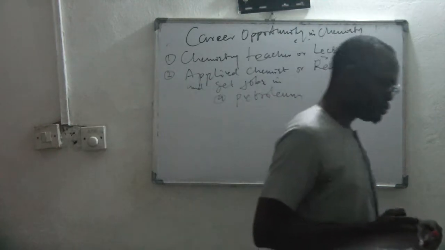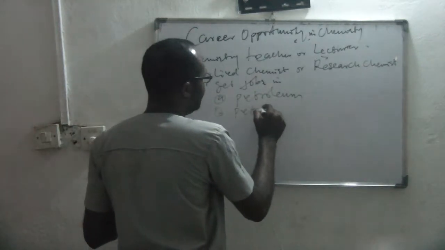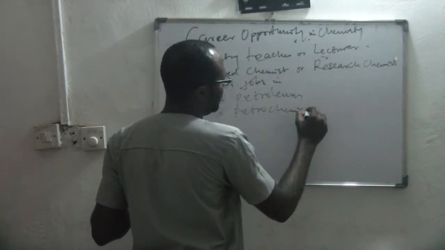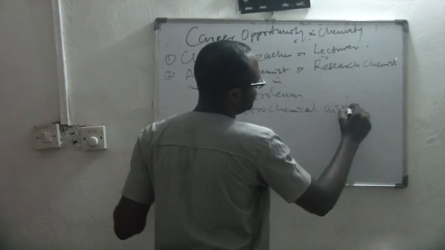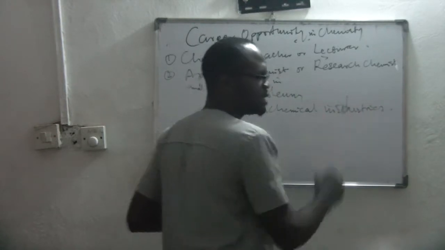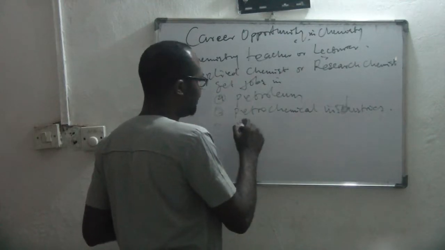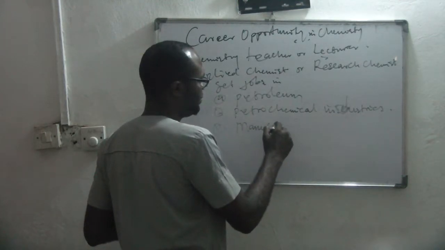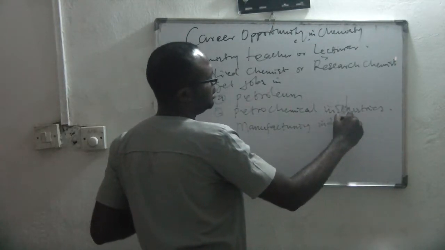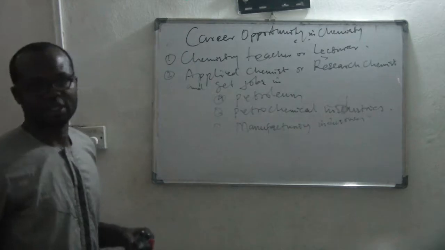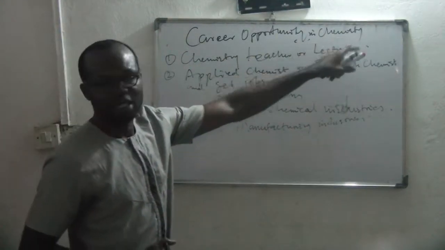You can also get in petrochemical industries. You can also get in what? Food manufacturing or any manufacturing firm, manufacturing industries. You understand? So this is a very viable career in chemistry that you can get after studying chemistry.